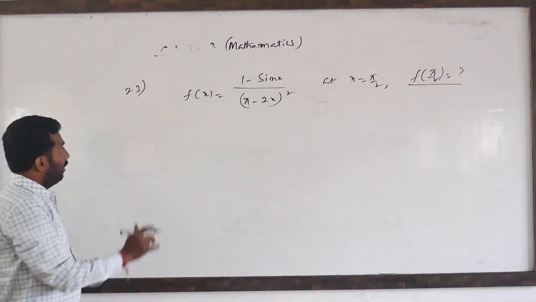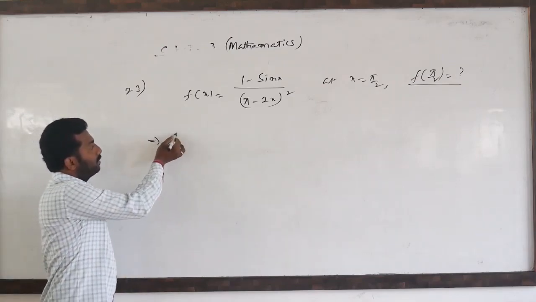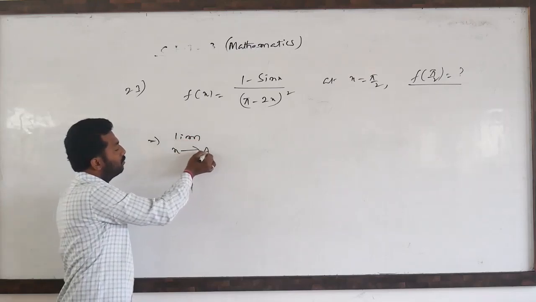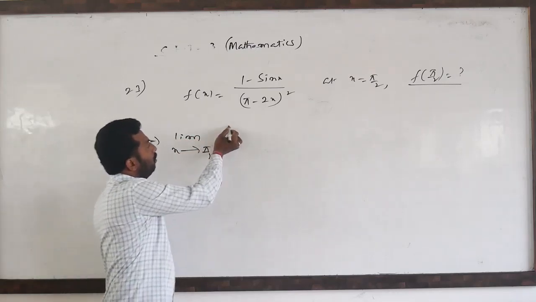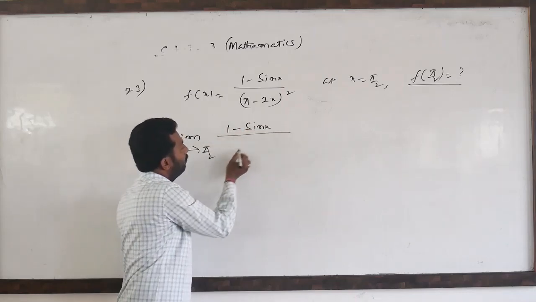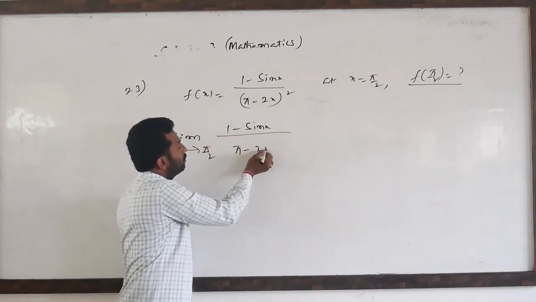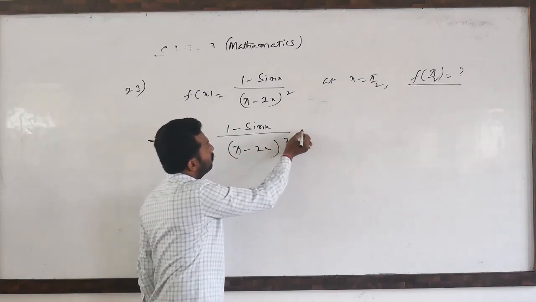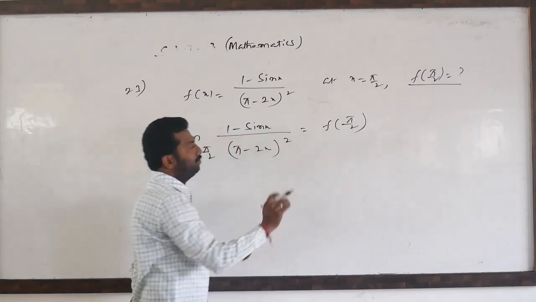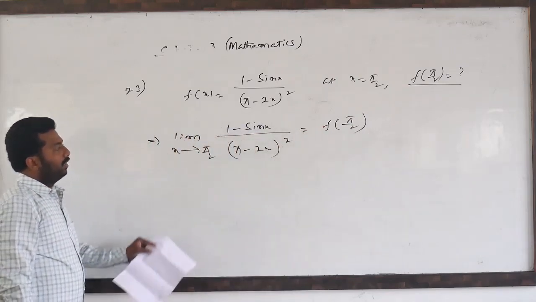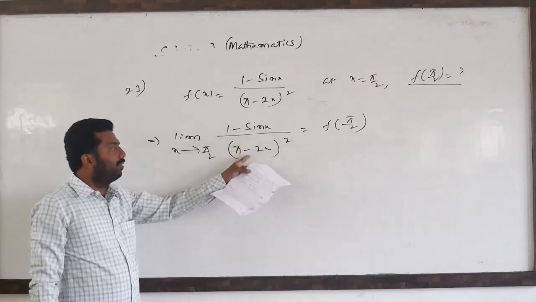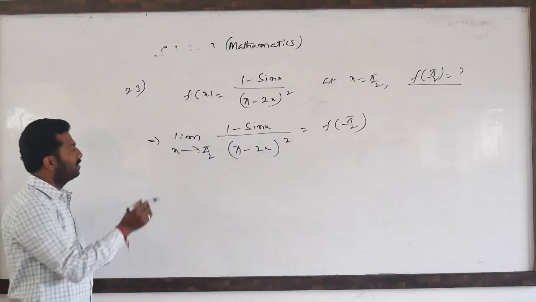Since this function is continuous, limit x tends to pi by 2, (1 minus sin x) divided by (pi minus 2x) whole square equal to f of pi by 2. If you substitute x equal to pi by 2, 1 minus 1, 0 by 0 form, so you apply L'Hopital rule.